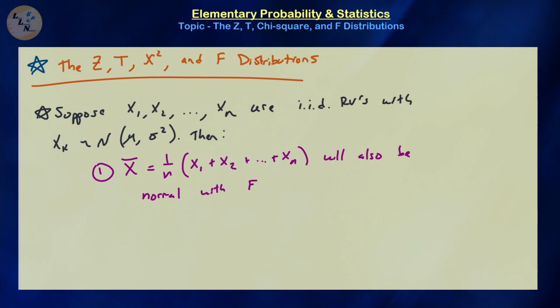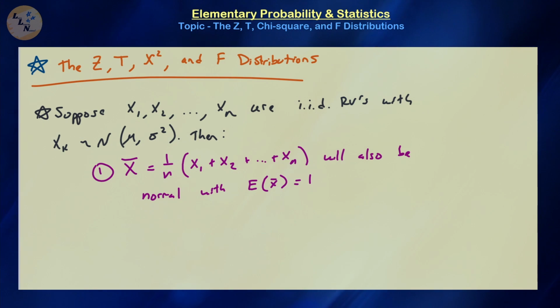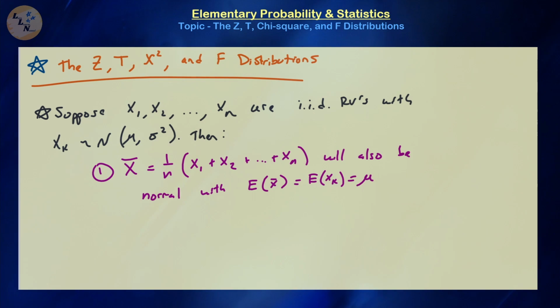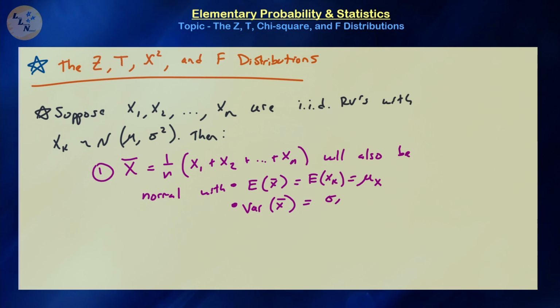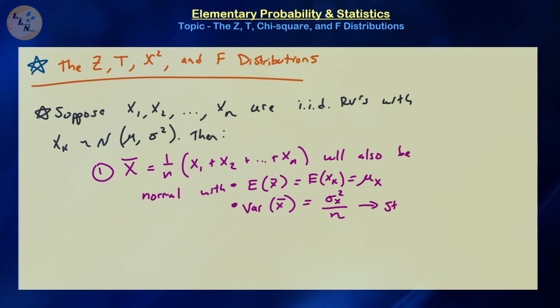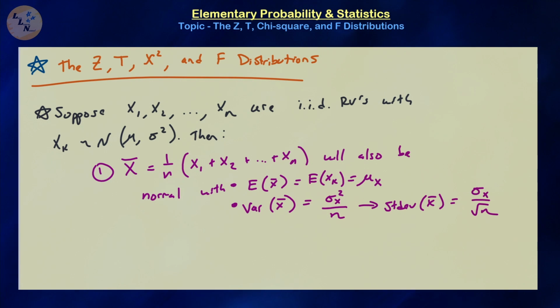So you should be able to show that the expected value of x bar is equal to the same thing as the expected value of each of those xk's, which is equal to mu x, and the variance of x bar is equal to the variance of each of those x variables divided by n. And some people will also write the standard deviation of x bar to be equal to sigma of x divided by the square root of n.